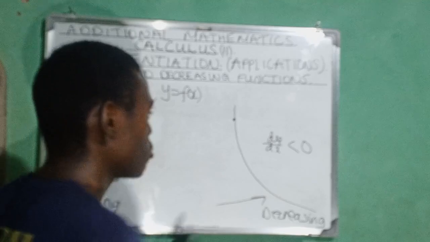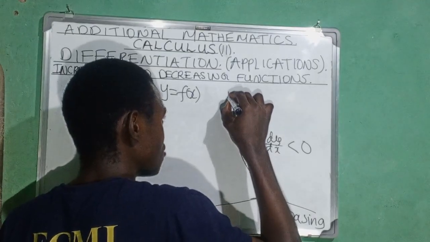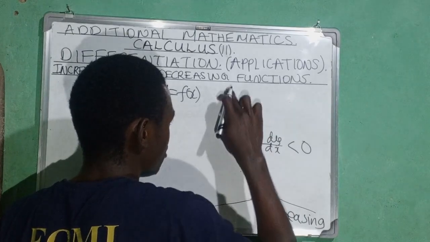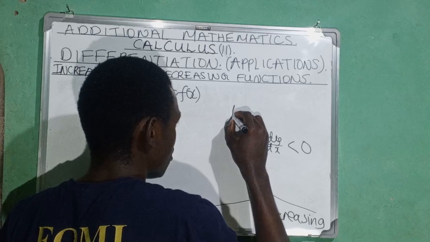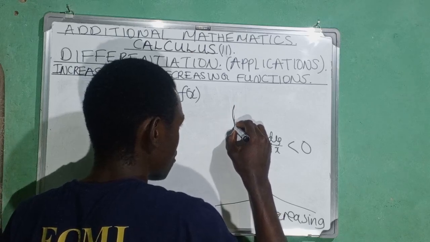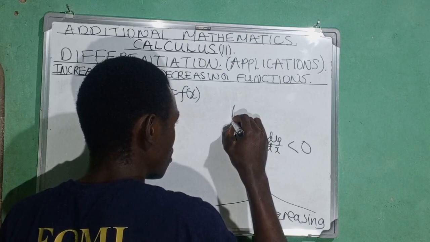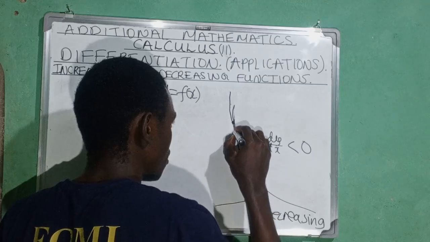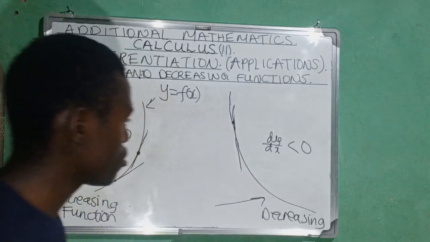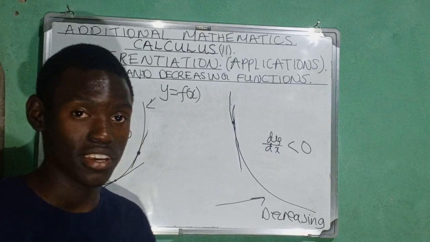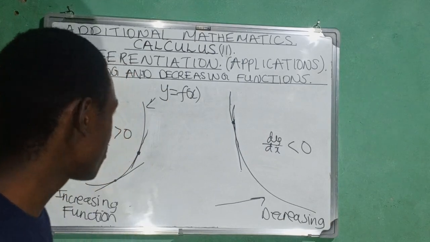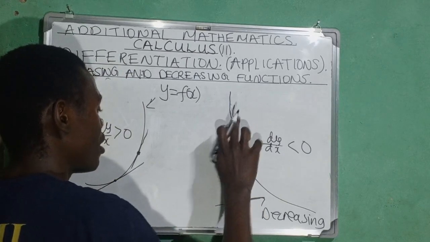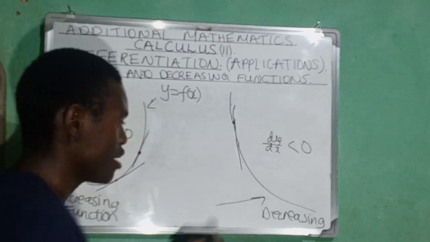The first step is that we draw a line that touches the curve at that point only. Think of it in your head that it's touching the curve at one point only. So what do we do? We calculate the gradient of this line.